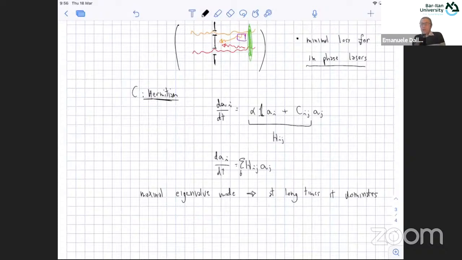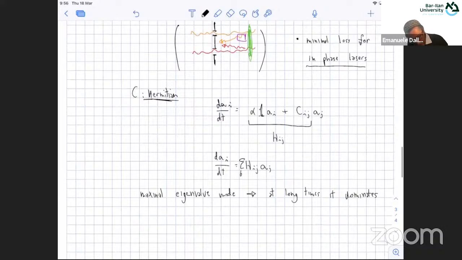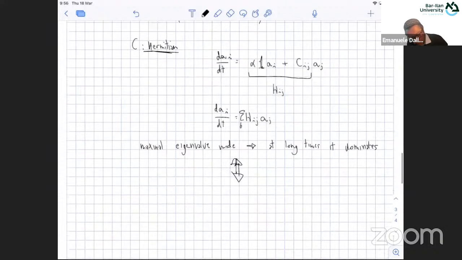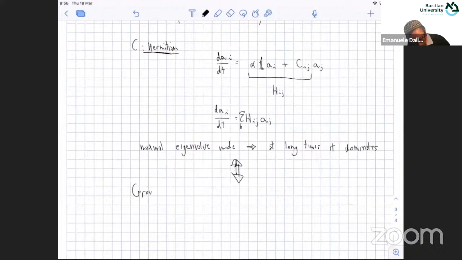Now you can translate this into a Hamiltonian problem. You can say, actually, what I'm doing is equivalent. That's where the simulation comes from. It's equivalent to finding the ground state of some system whose Hamiltonian is H_ij.